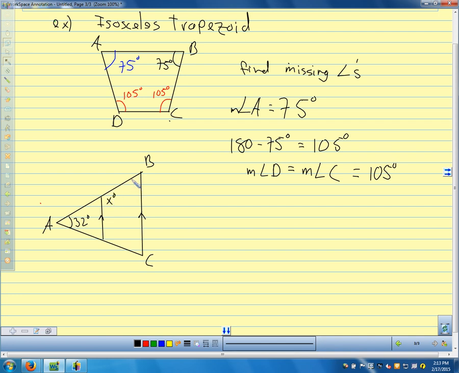That's X degrees. That's Y degrees. And we're going to say triangle ABC is isosceles. We want to find X and Y.